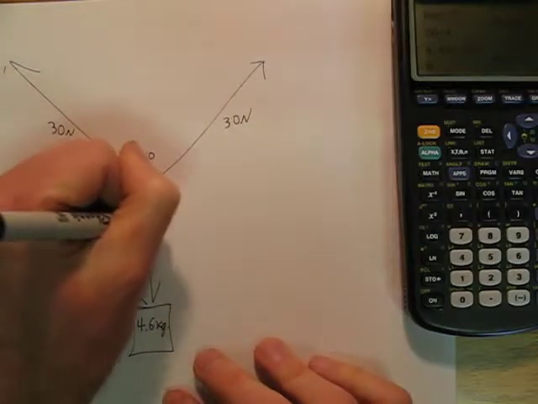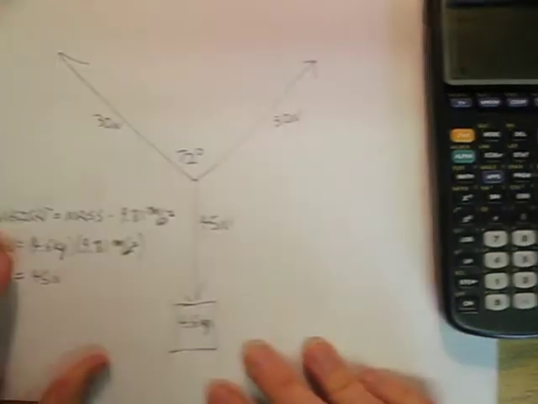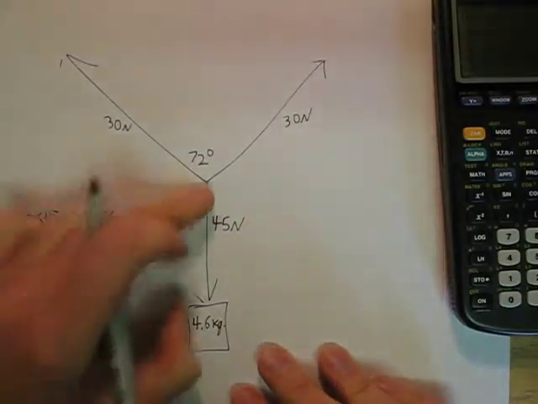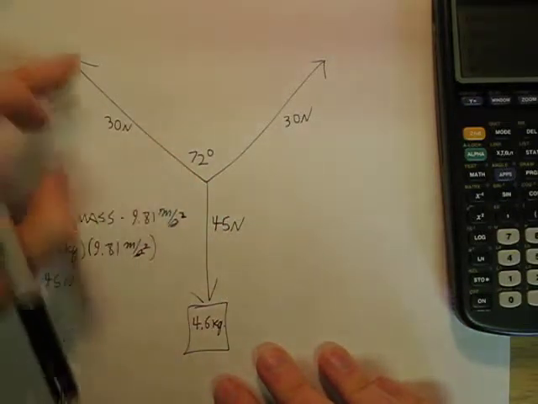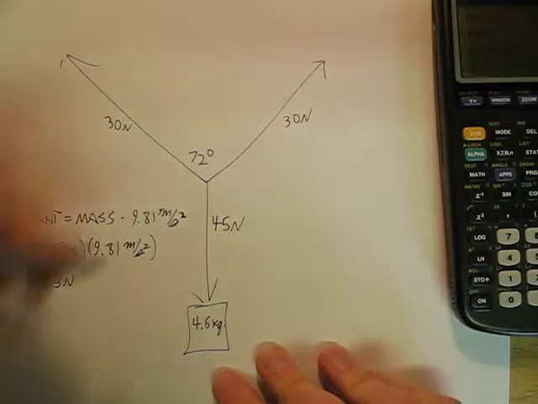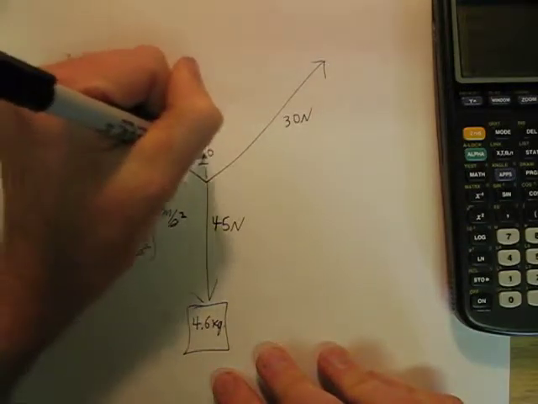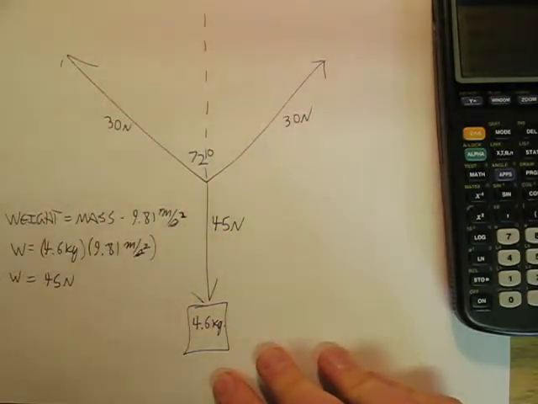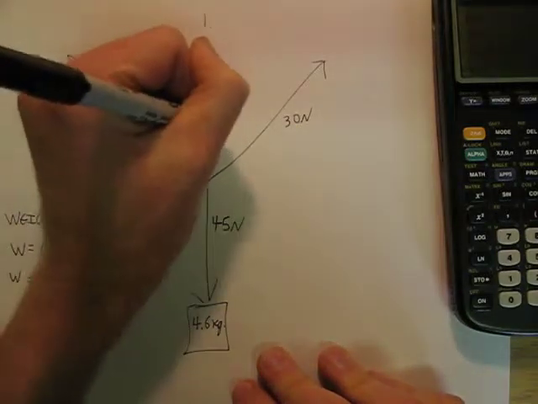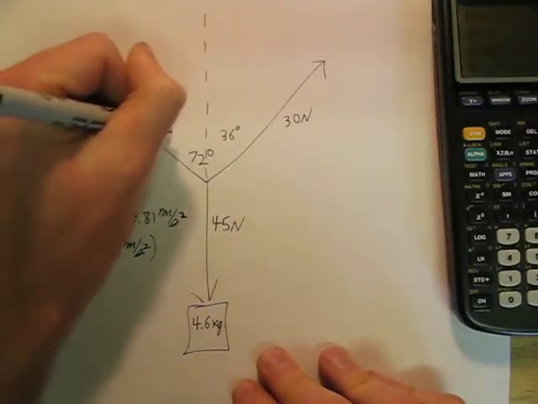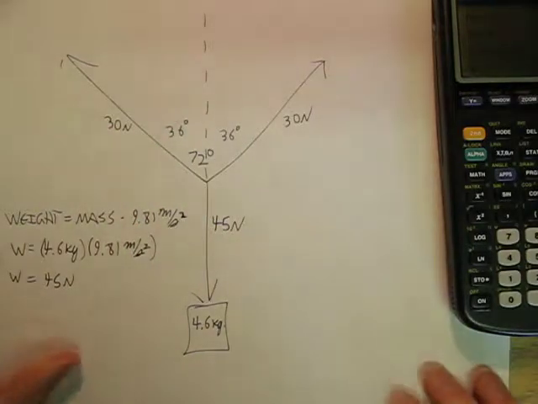So we know that this is pulling down with 45 newtons, and we had two strings pulling up at 30 newtons each. I'm going to say that there's a vertical line here, and each of these is 36 degrees off of the vertical.